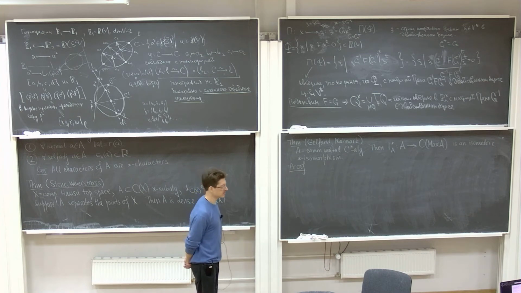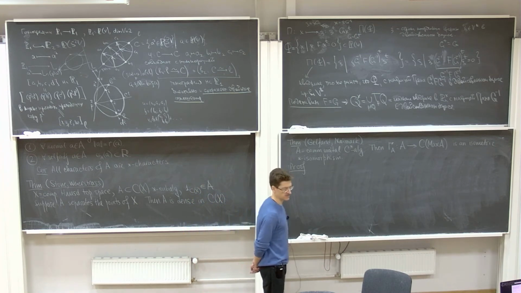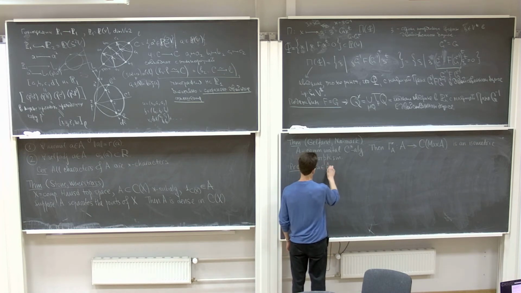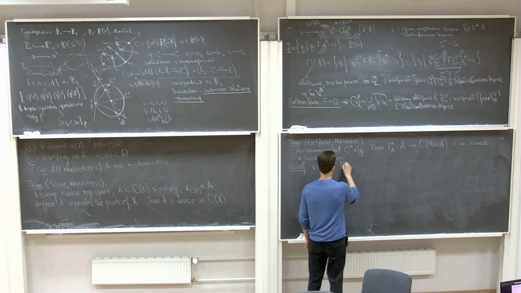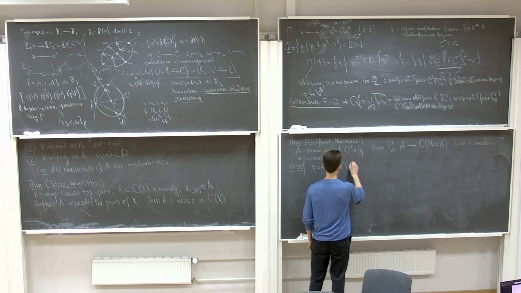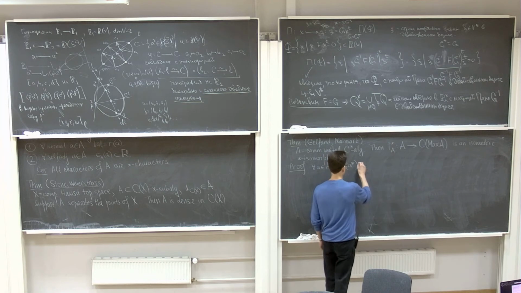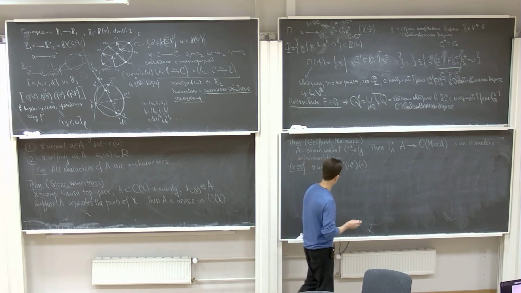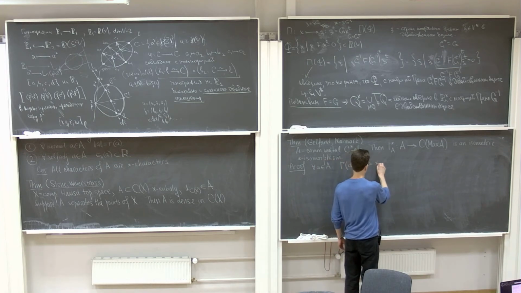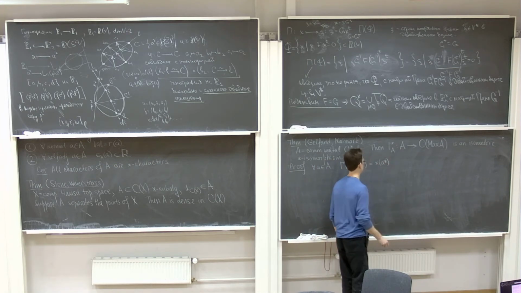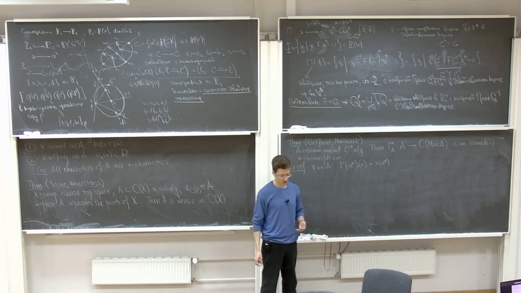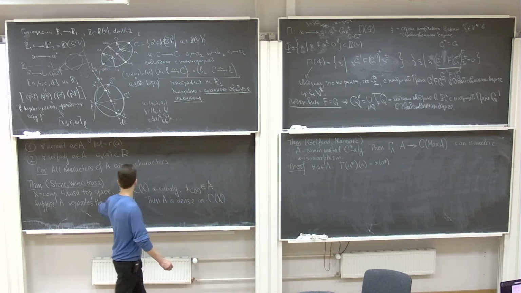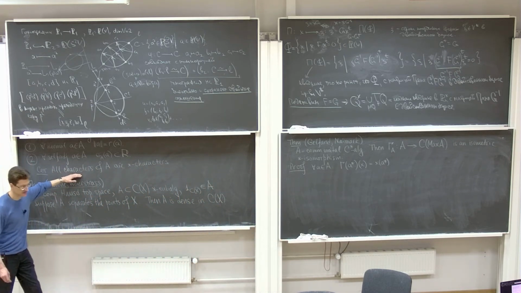Okay, so to prove the result, let's first observe that gamma is a star homomorphism. So we take an arbitrary element in A. We apply gamma to A star and evaluate at the point x. So what is this? By the definition of the Gelfand transform, this is x applied to A star. So here we identify a point in the maximal spectrum with the respective character of A. Okay, now we know that all characters of A are star characters.